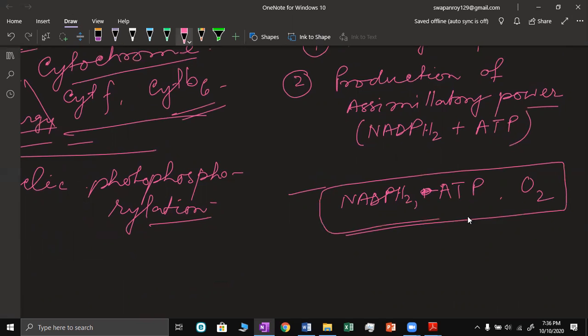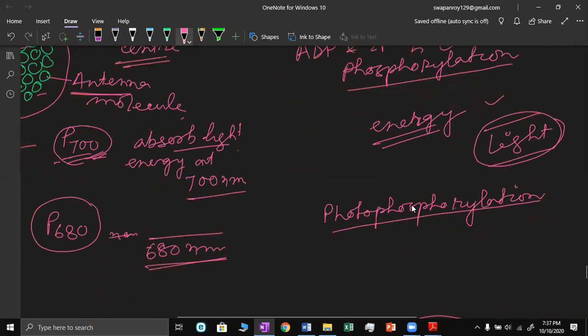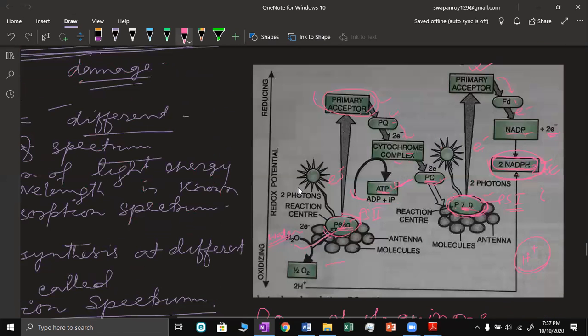These are the three products of the light reaction of photosynthesis. In this process, there is no use of carbon dioxide.